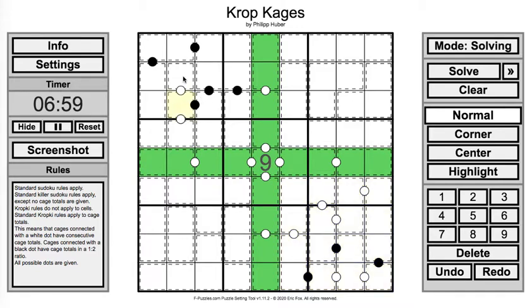So I'm just going to start with the top left one because it's, I think, the easier one to explain this, and that is that we have a 4-cell cage here and some 2-cell cages around it, all separated with a black dot.